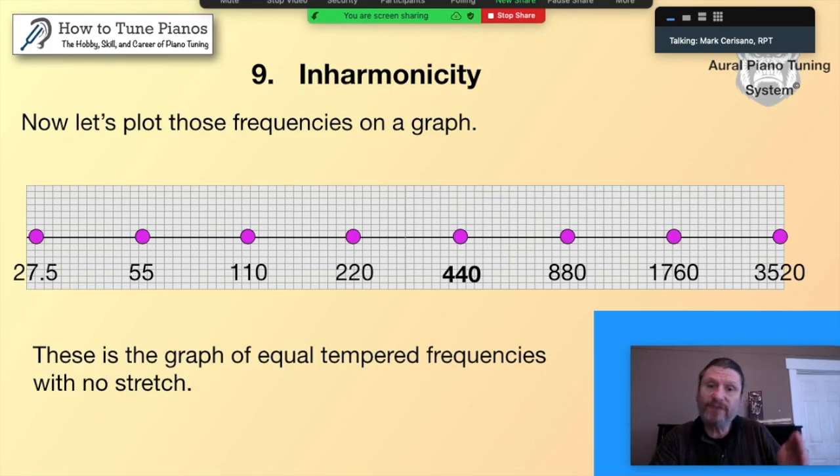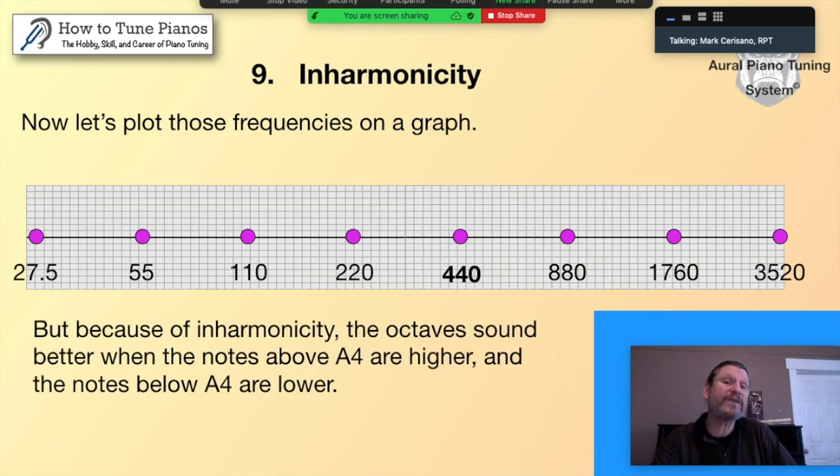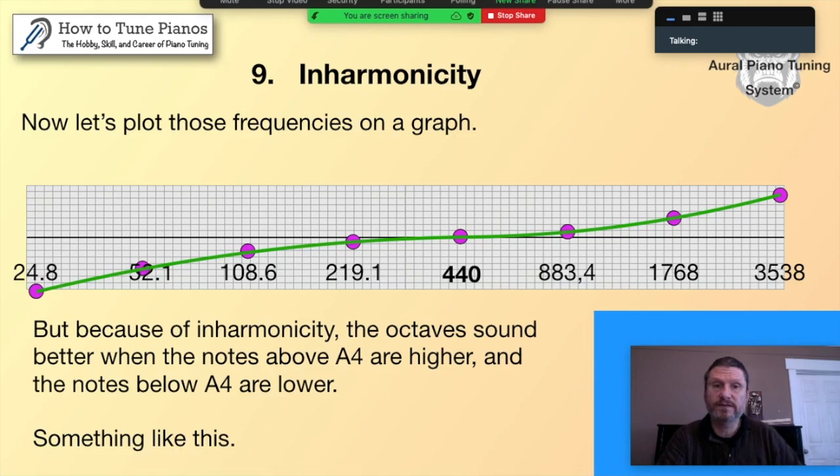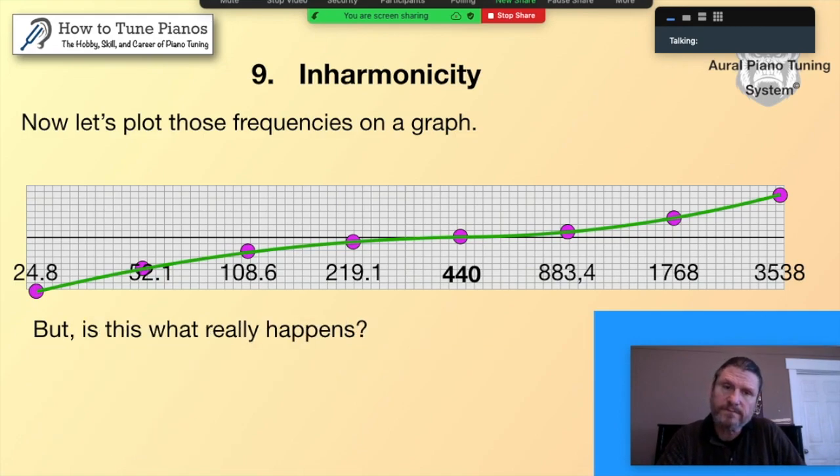This is the graph of equal tempered frequencies with no stretch. We'll talk about stretch a little bit more later. But because of inharmonicity, the octaves sound better when the notes above A4 are higher and the notes below A4 are lower. Something like this. Is this what really happens though?